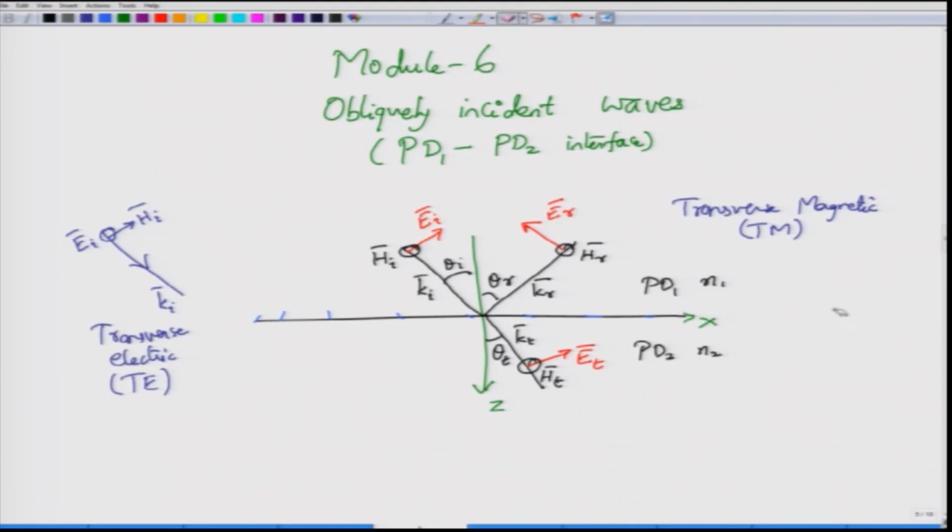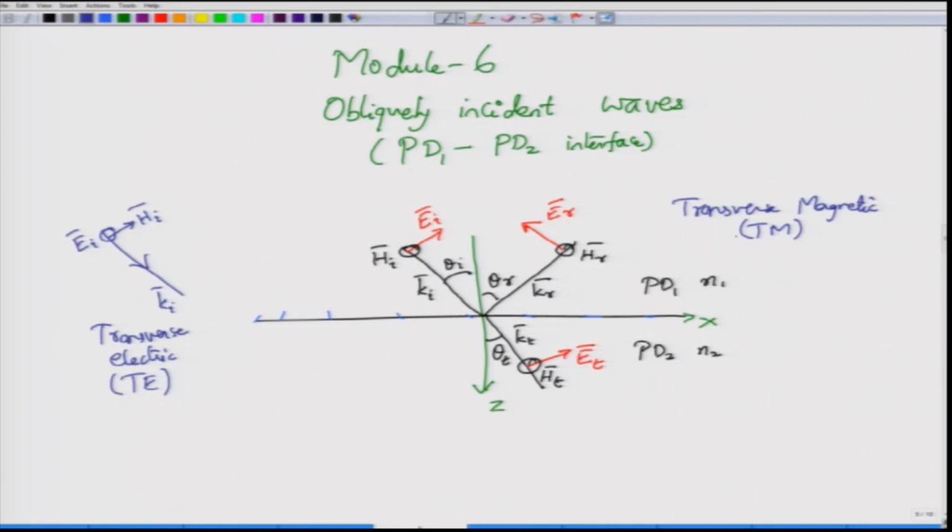Of course, the equations are all available, and we will discuss both the TE and TM cases, what happens in a quantitative manner in the next module. So, this module is devoted to getting to the point that we have a transverse magnetic wave, and then how do we describe the various reflected and transmitted components.